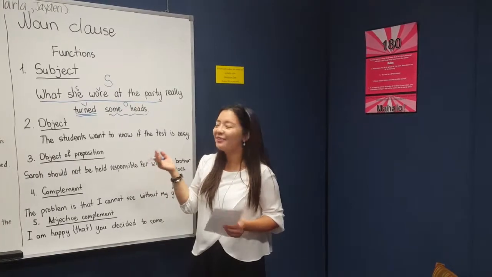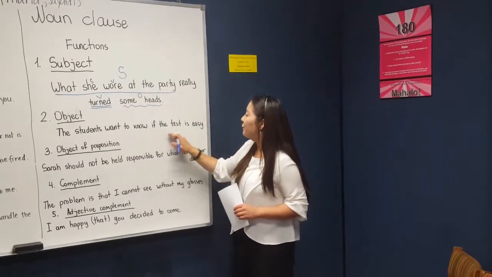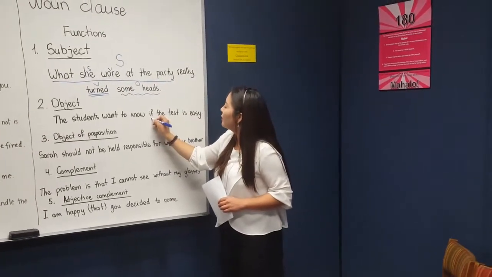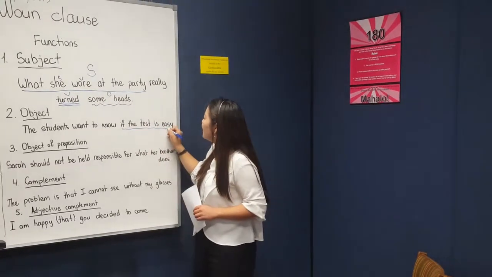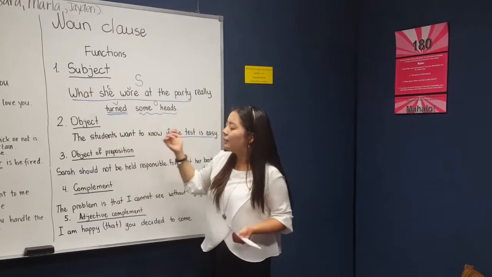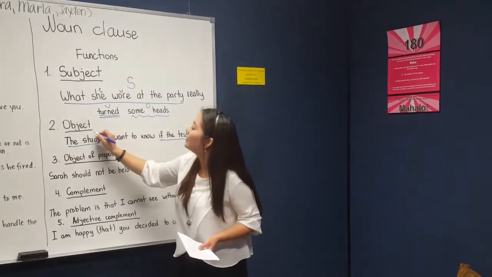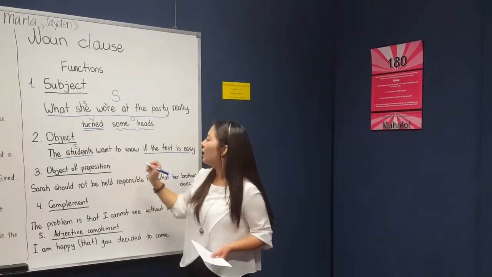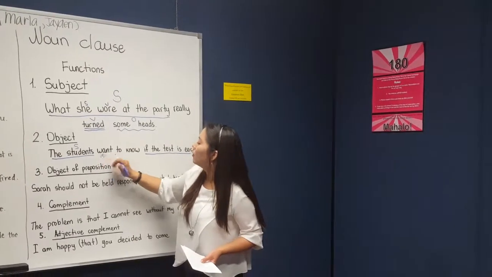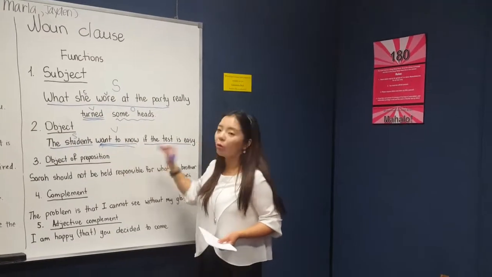How does a noun clause function as an object? The student wants to know if the test is easy. Let's find the dependent clause, which is if the test is easy. Who is doing the action is the student, the independent clause subject, and wants to know is the verb. The student wants to know what?